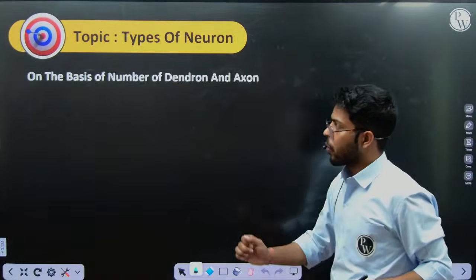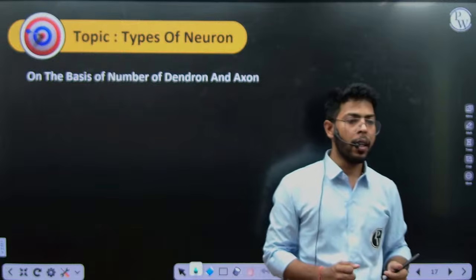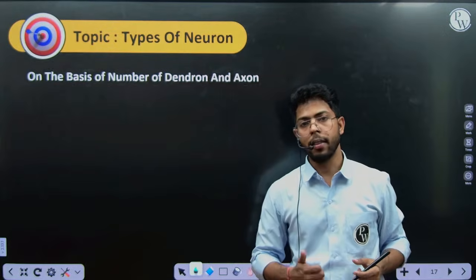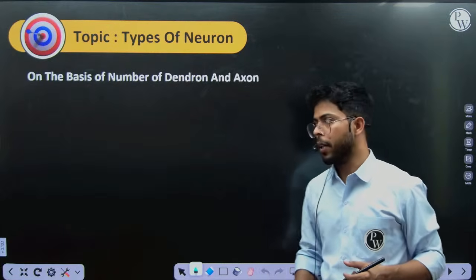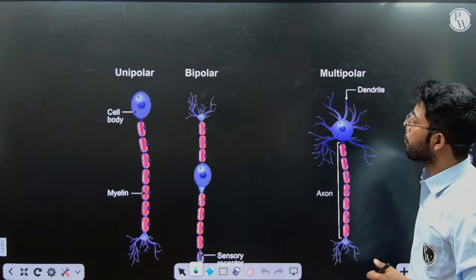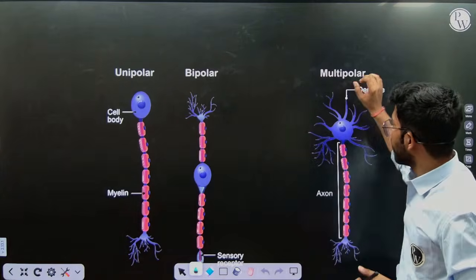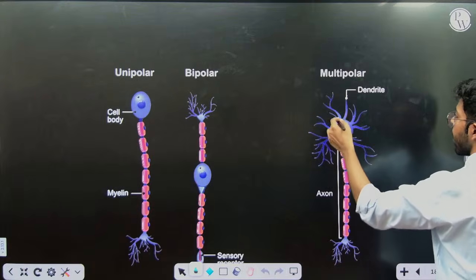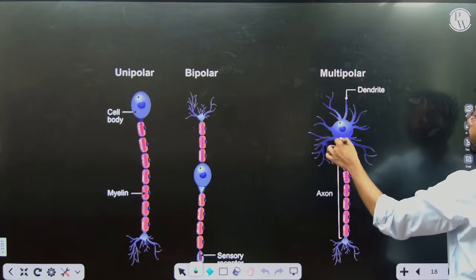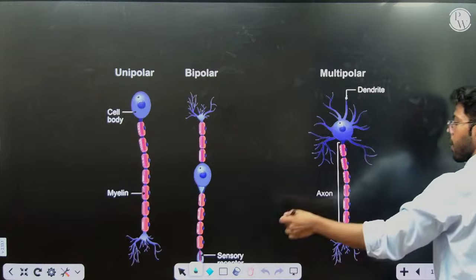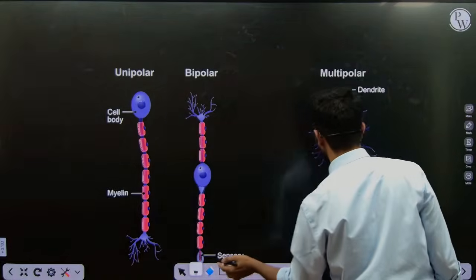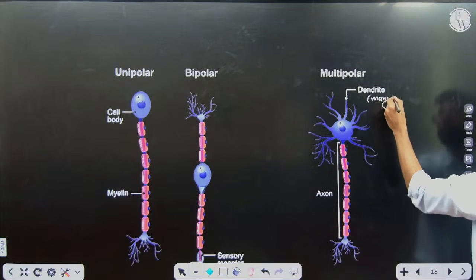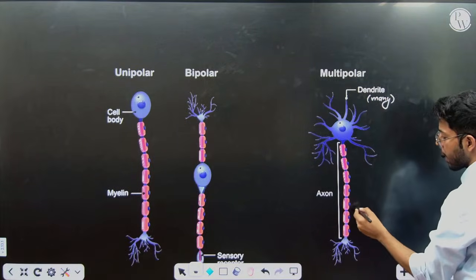Now the types of neuron on the basis of dendrons and axons. We have three different types in our NCERT. First one is the unipolar, the second is the bipolar, and the third one is the multipolar. As we have discussed earlier, this is the multipolar structure in which many dendrites arise from this cyton region, and a single axon.